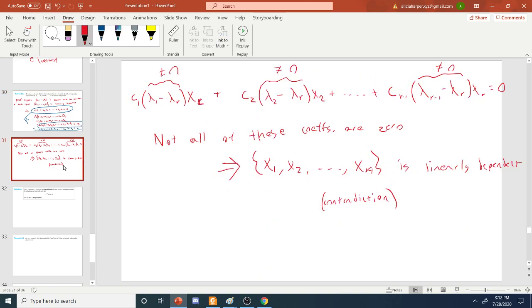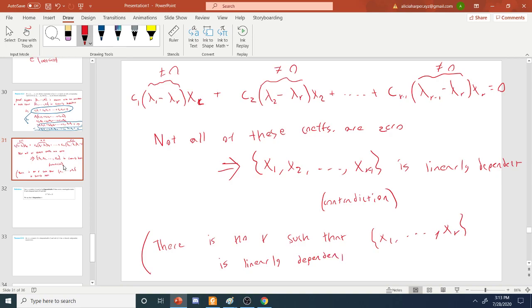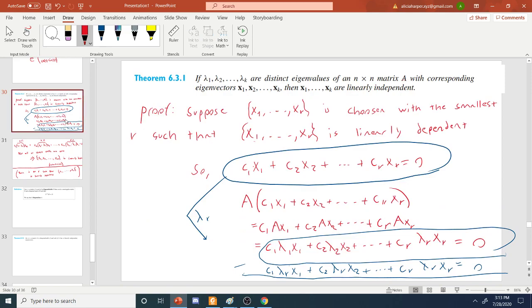But our argument just showed that x1 through x(r minus 1) is also linearly dependent. Consequently, there is no r such that x1 through xr is linearly dependent. And that completes the proof, because in particular it shows that x1 through xk have to be linearly independent.